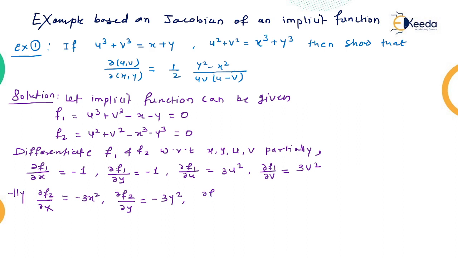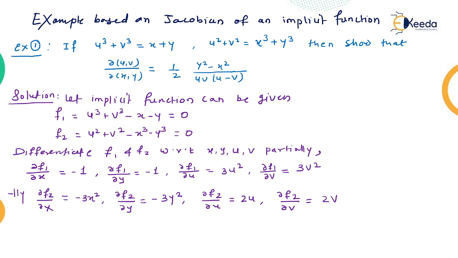Next, dou f2 upon dou u, differentiation of f2 with respect to u partially, gives 2u, keeping other variables constant. And dou f2 upon dou v, concentrating on f2 with respect to v, keeping other variables constant, is 2v. I hope you understand what the partial derivatives of f1 and f2 are.